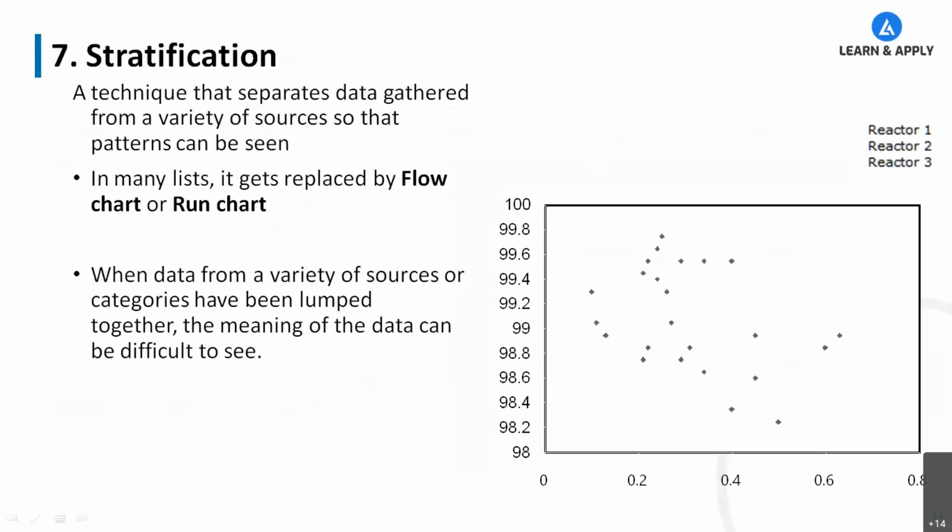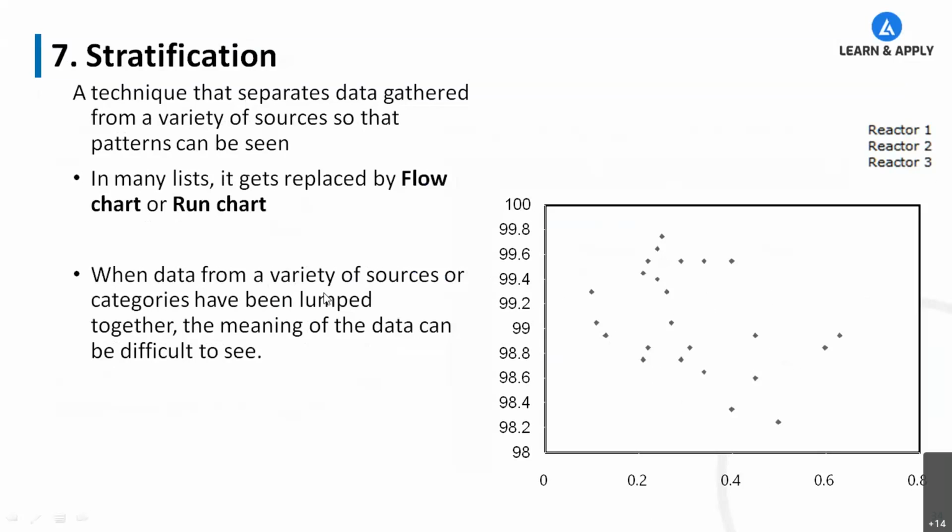In this diagram, we have three reactors, reactor 1, 2 and 3, and we have plotted their output against the input variables, and we have got this graph. From this graph it is very difficult to draw any conclusion about whether there is any pattern or how the process is behaving.